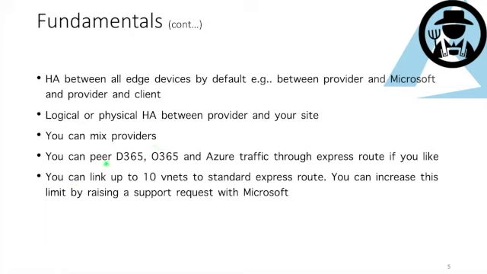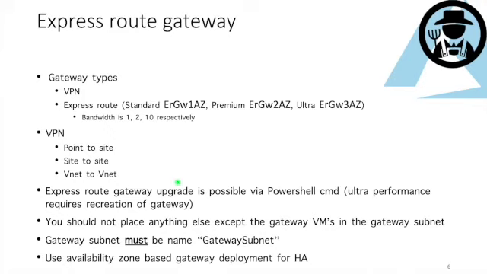And you can certainly peer that so that Office 365 and Dynamics 365 go over ExpressRoute through a private link rather than the internet. You can connect up to 10 VNets to the standard ExpressRoute. You can increase it, obviously, by raising a support request to Microsoft.